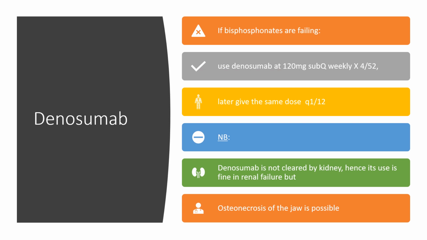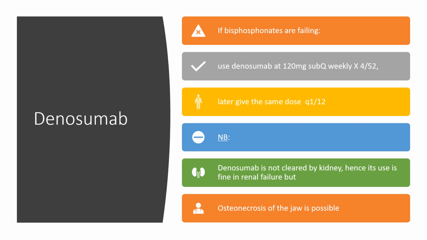How about denosumab? If bisphosphonates are failing, please grab your denosumab at 120 milligrams subcutaneously every week for 4 weeks. You later then give the same dose every month.